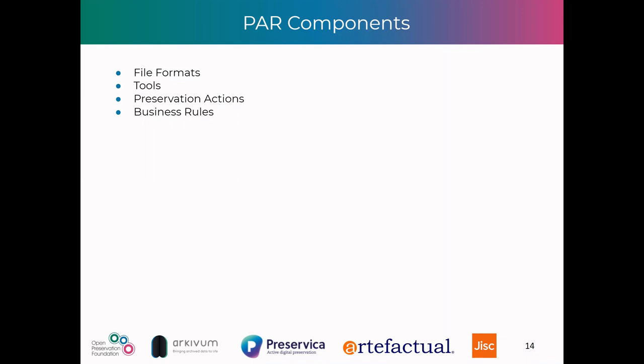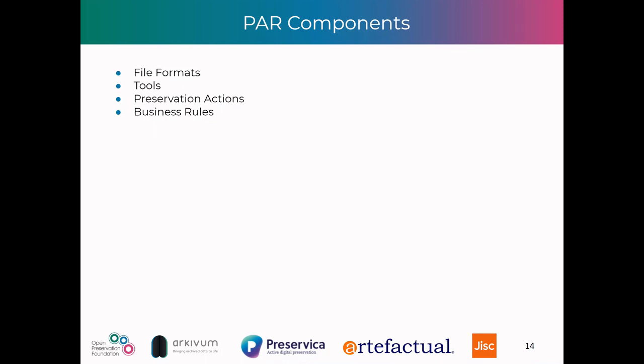We have preservation actions, which describe how a particular tool can be invoked and how the output of running that tool can be interpreted. So this allows you to provide details of all the parameters that you might require in order to run a particular tool in a particular way, how to actually measure the output properties that that tool is able to give you based on the text or the XML or the JSON output that that tool generates.